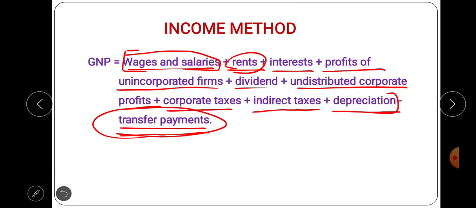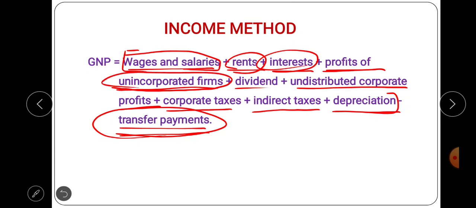Okay, then next, what about the interest? The interest earned by the individuals from various sources is found out, and to this, interest on the own fund is added. Okay, the next one is the profits of unincorporated firms.